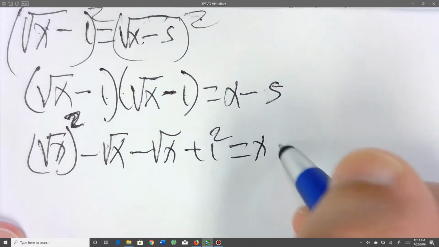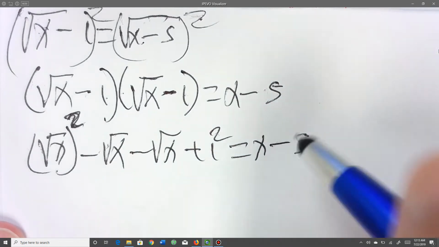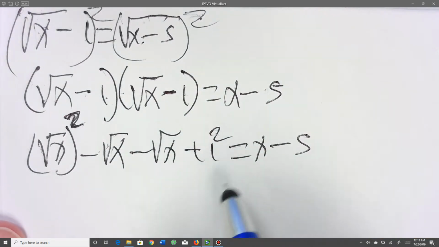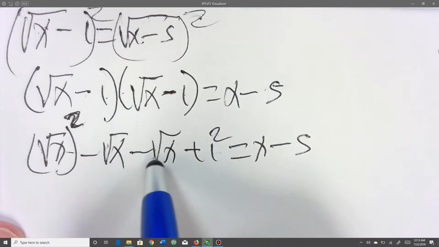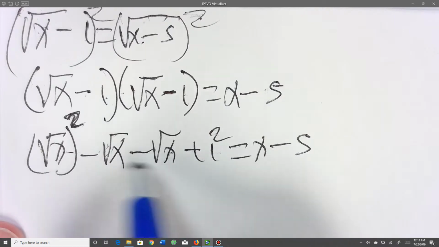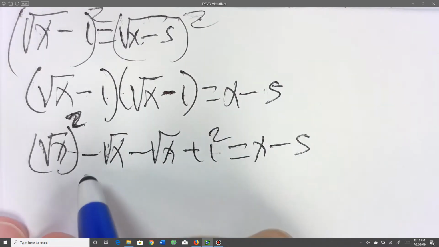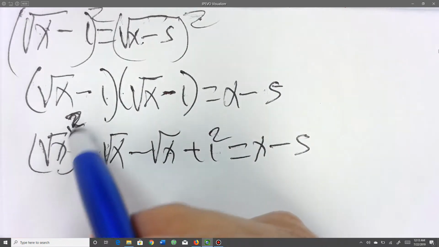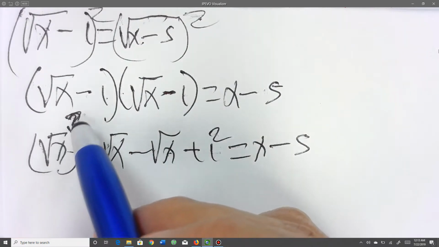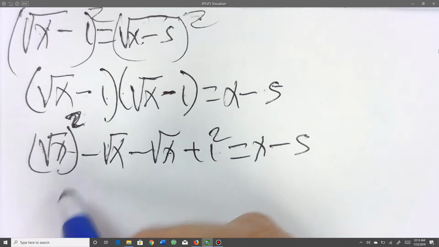Rewrite everything else, and simplify. Go ahead and simplify. Well, here these two terms are the same, so I will combine those two together. Here I'm going to go ahead and simplify that.